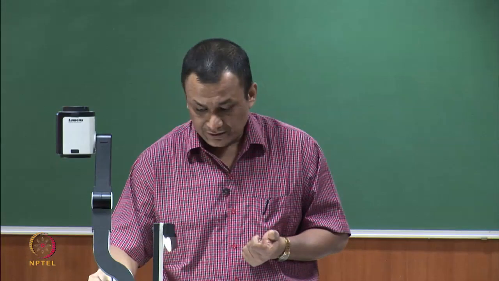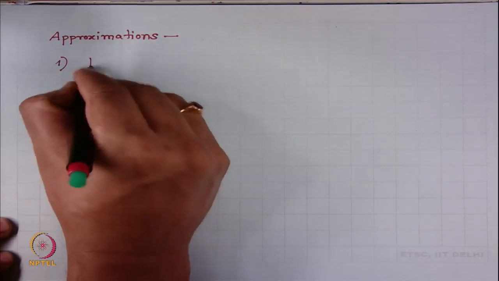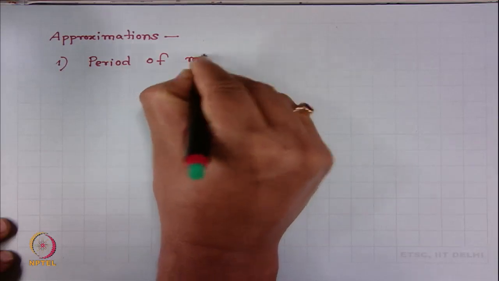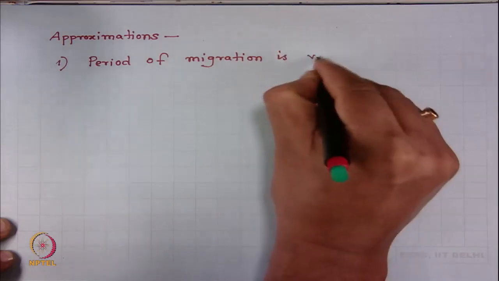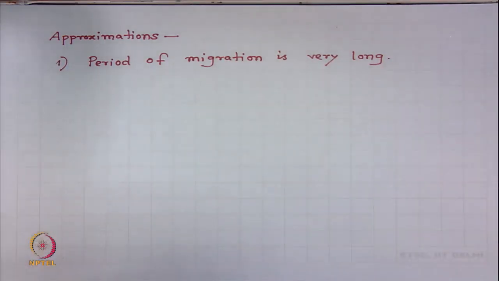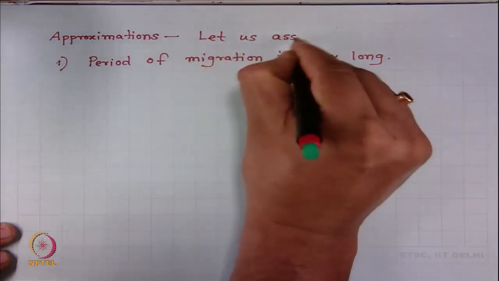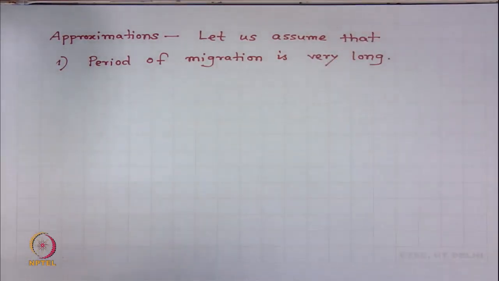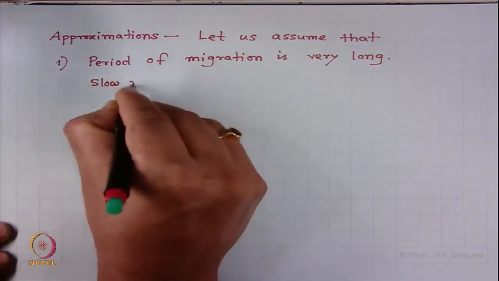So, the first approximation: the period of migration is very long. Let us assume that the period of migration is very long. What does that mean? Slow migration.